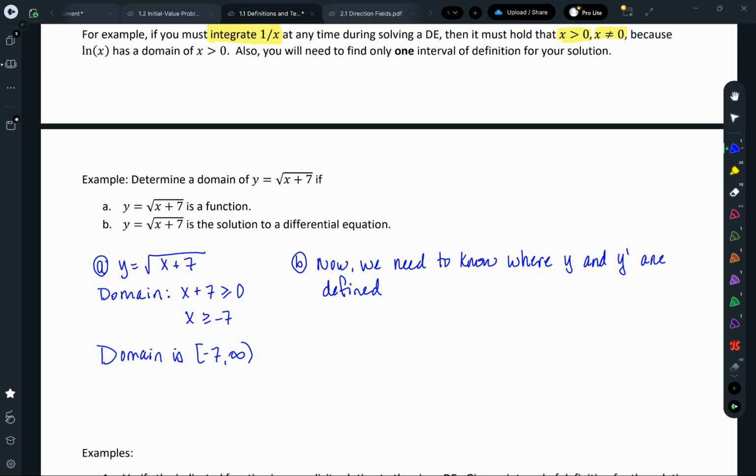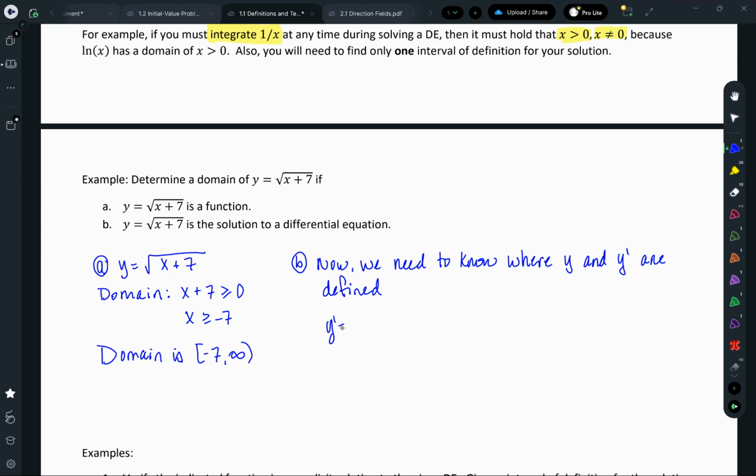Because y prime is in the original equation, so if we pick a domain and our original equation isn't defined on that domain, then we've got problems, okay? And this is kind of like the invisible part. We can easily forget that this needs to be done, but it does. Okay, so we already know the domain of y. We need a domain for y prime, which means we need to find y prime.